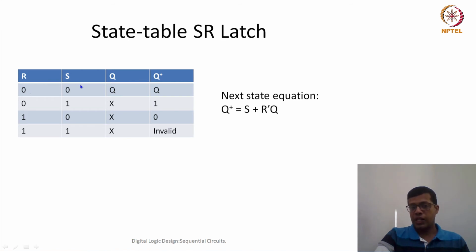The current inputs are R and S, and the previous input is stored in the form of Q. So Q is the previous state information, based on all the zeros and ones we have stored. My next output depends on the current output as well as the current inputs, and the current output is the reflection of the previous inputs to this latch.